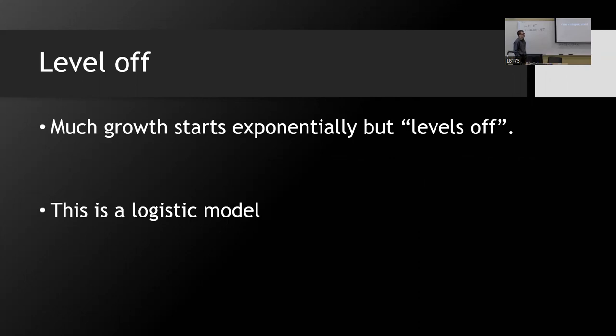So for instance, if you first introduce a new species into an environment, they might reproduce in an exponential way until they've used up the resources for that environment. And then their population sort of levels off.